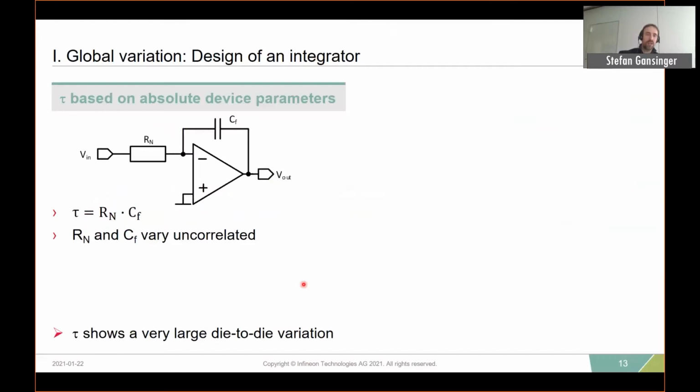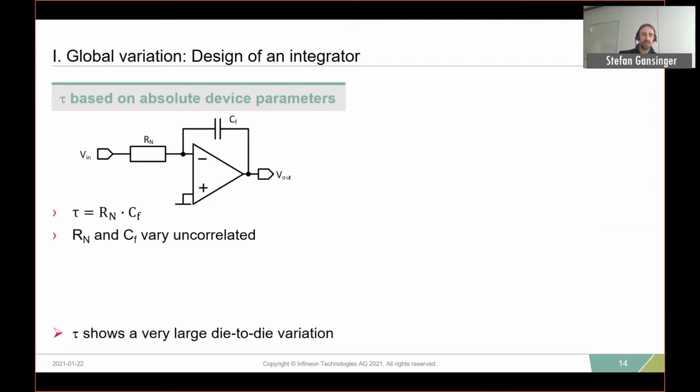As promised, for illustration, what I mean with design based on matching rather than on absolute parameters. If you have the task to design an integrator, and you look to a textbook, you might find a solution like this. So you have an op-amp with the capacitor in the feedback and the resistor at the input.